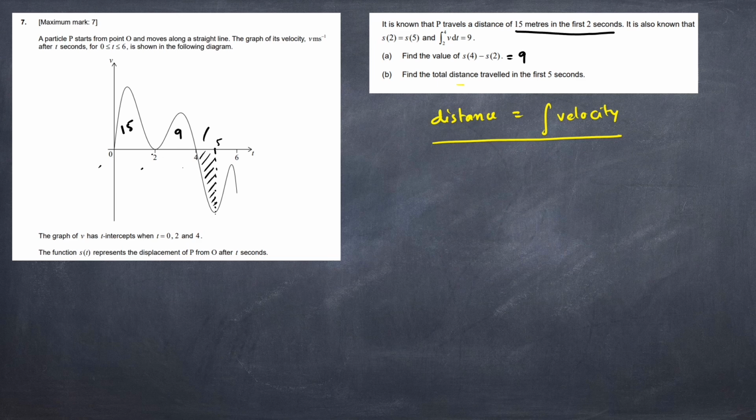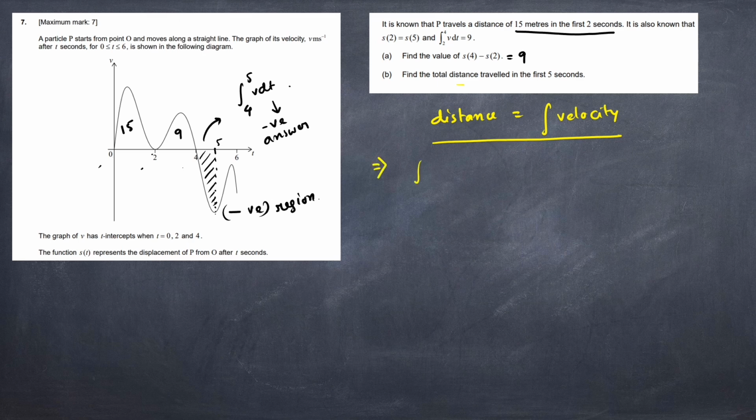Now you can see, if we try to find the displacement from 4 to 5, that is the integral from 4 to 5 of v dt, it will give us a negative answer, as this is in the negative region. So to make this answer positive, we just need to change the integral.